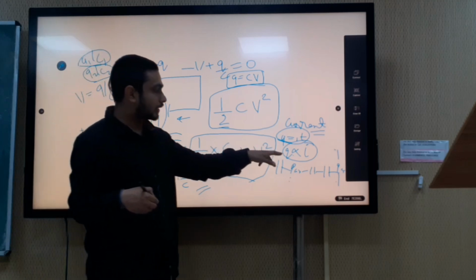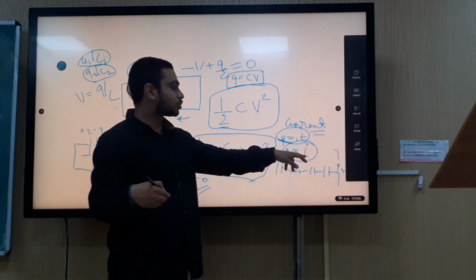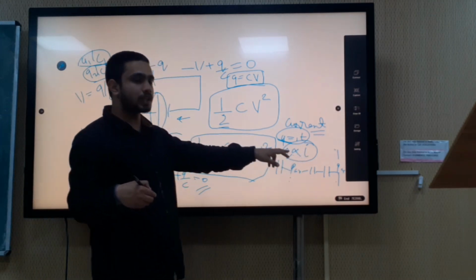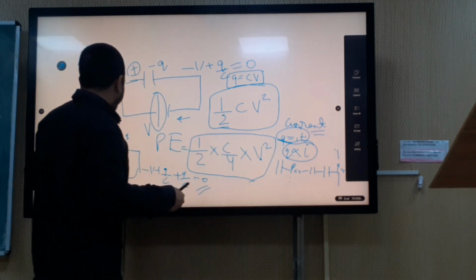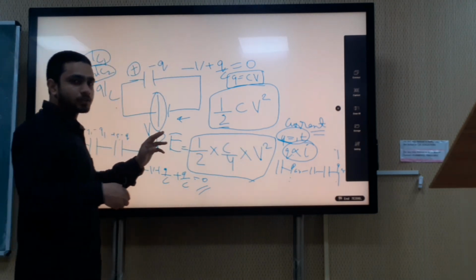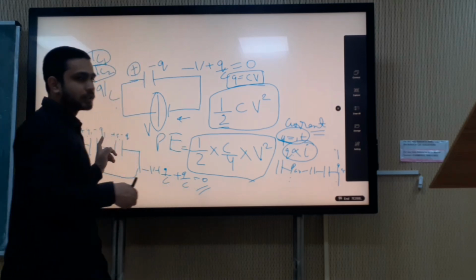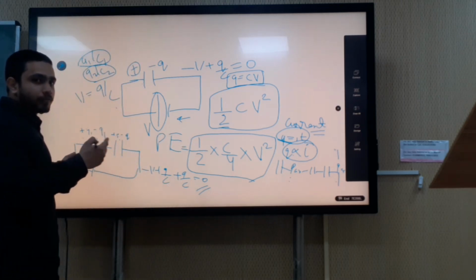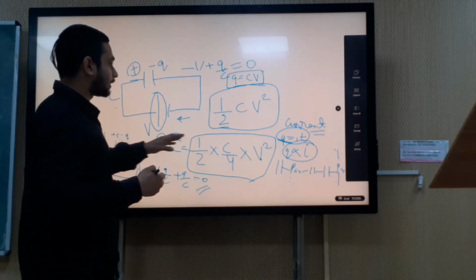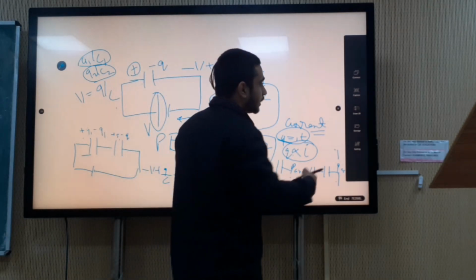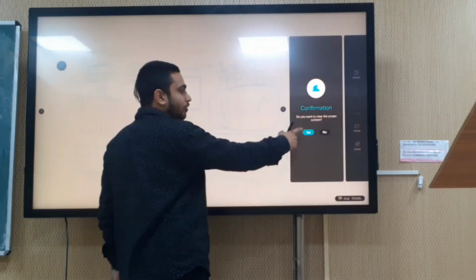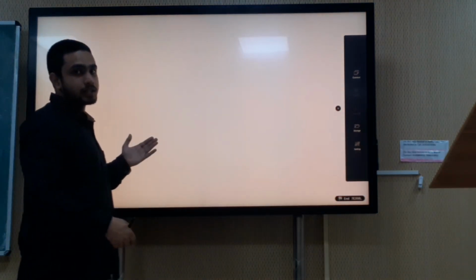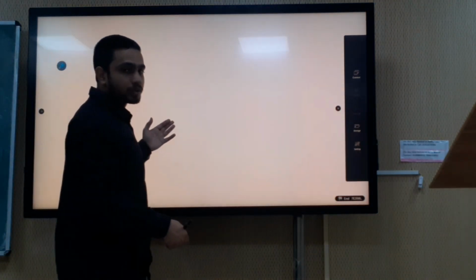In the case of resistance, the current was the same; in the case of capacitors, the charges will be the same. This is also important for solving the question. So these are some of the things we have to remember: the charges will be the same in the series arrangement, and in the parallel arrangement the potential will be the same, as the potential was also the same in the case of resistance.